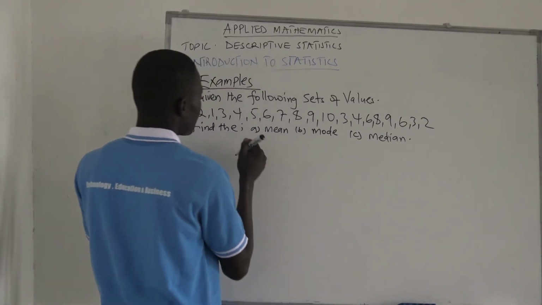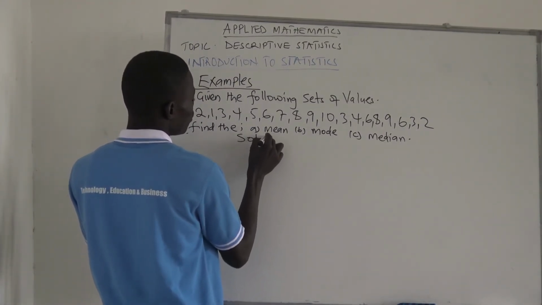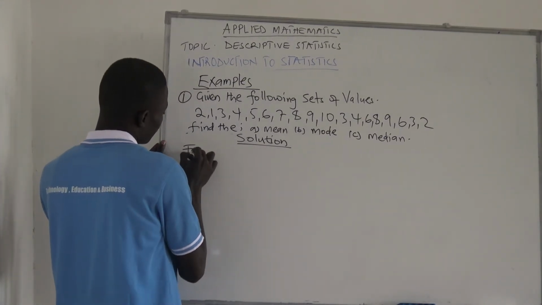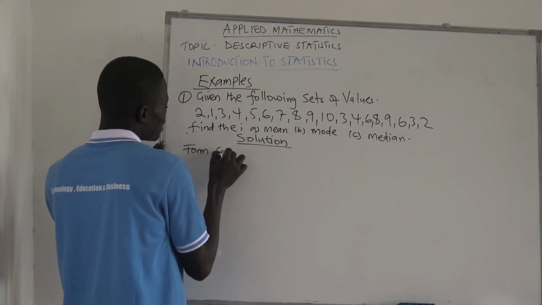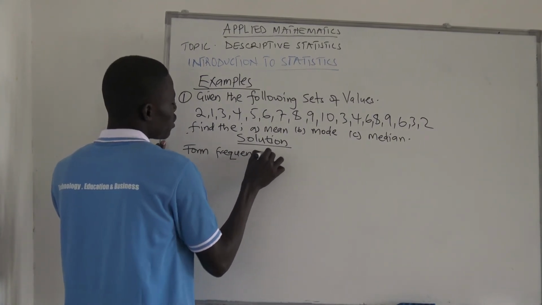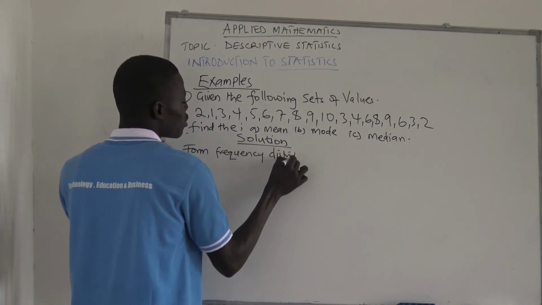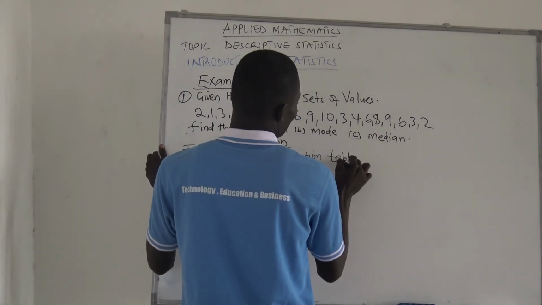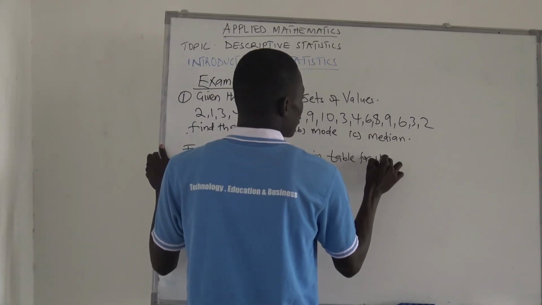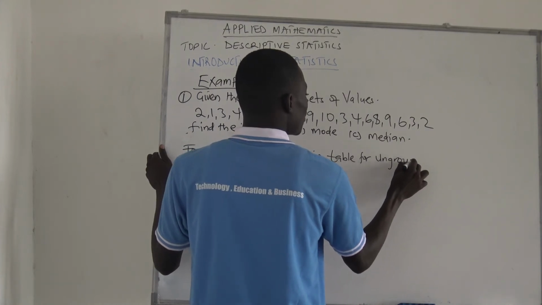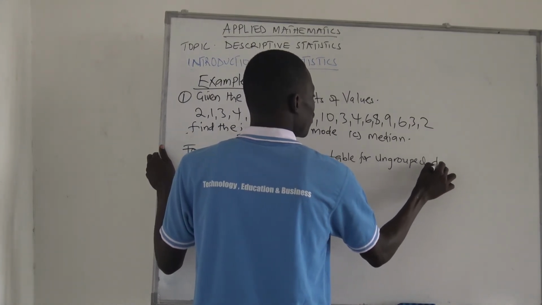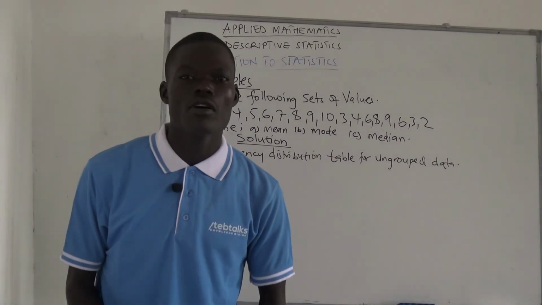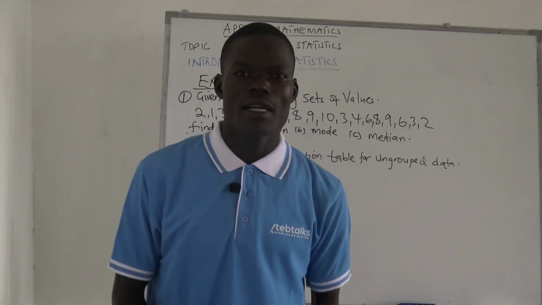The first thing, our first solution: form a frequency distribution table for ungrouped data.